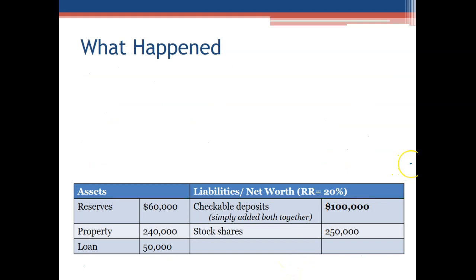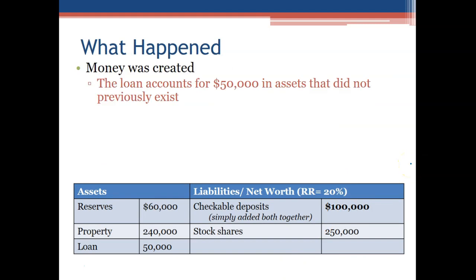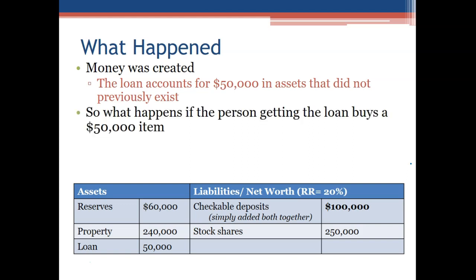So again, what just happened? Money was created. The loan accounts for $50,000 in assets that did not previously exist. They used to have $100,000, now they have $150,000. Based on this, we had reserves of $60,000, property of $240,000, so $300,000 worth of stuff.